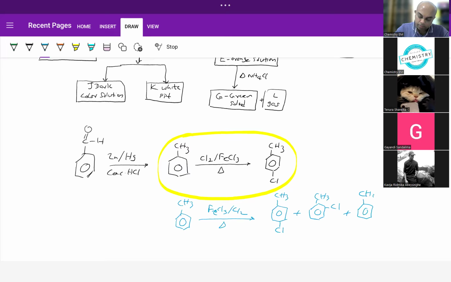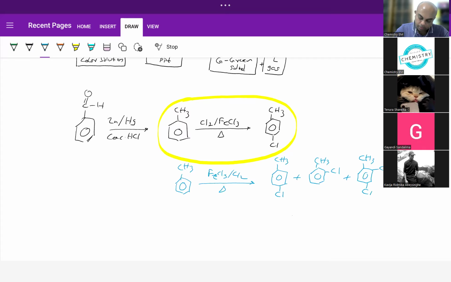There can be dichloro products as well, and there can be CH3 with Cl, Cl, and Cl. But what has been asked is that we need to use the para position one.